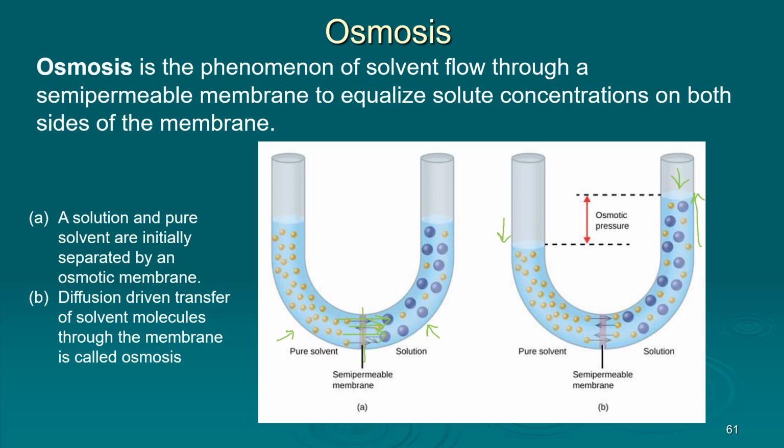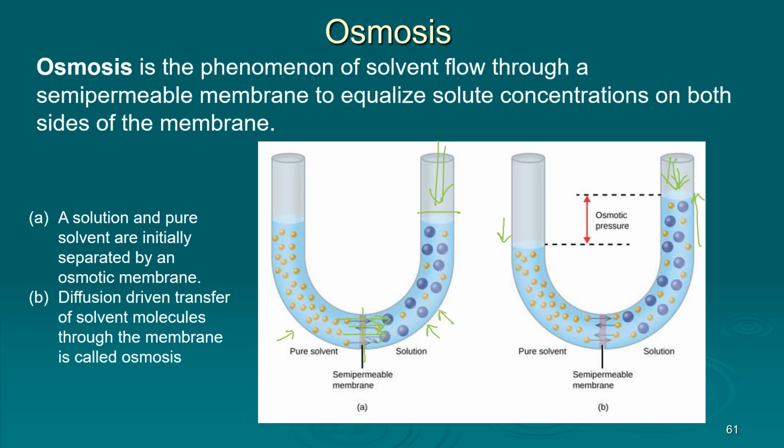Diffusion drives the transfer of solvent molecules, and that's called osmosis. And then in order to stop this from happening, the amount of pressure you would have to put on this side to stop it, or another way to think of it is how much pressure you would have to push on this to get it back to where it was. So it's kind of either way. It's called the osmotic pressure.